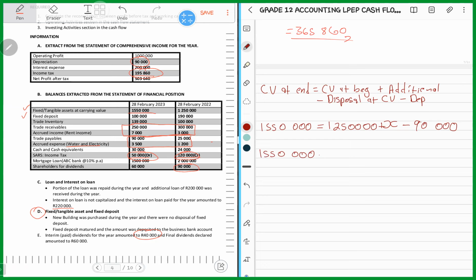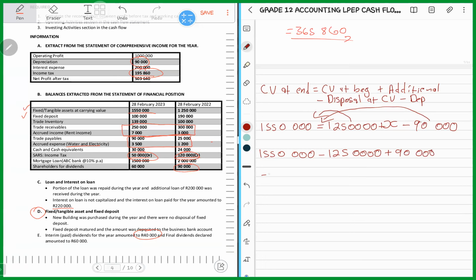Then since we bring the 1,250,000, it will change sign, it will become a negative, meaning that it will be minus 1,250,000. Now, since this one is a negative, when it comes to the left side, it will now become a positive.